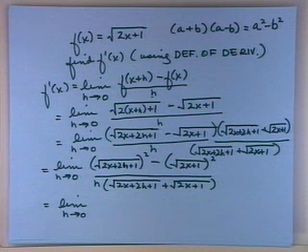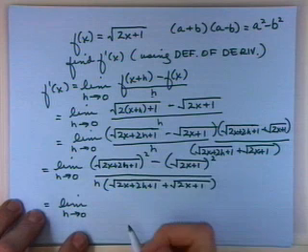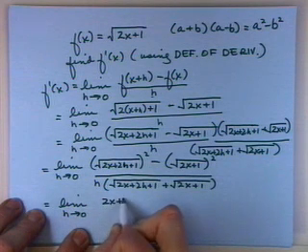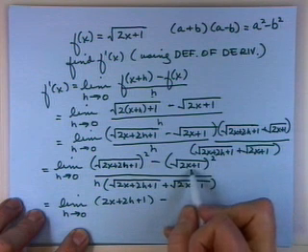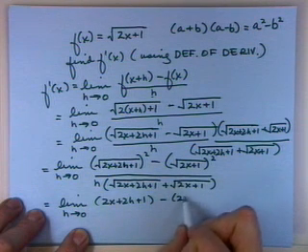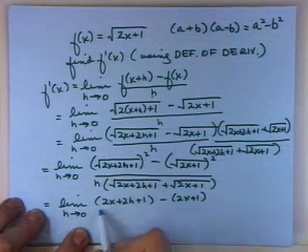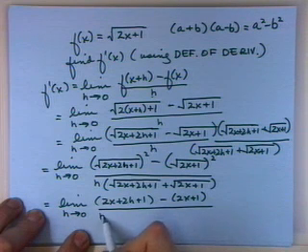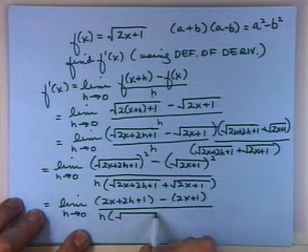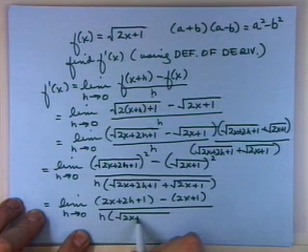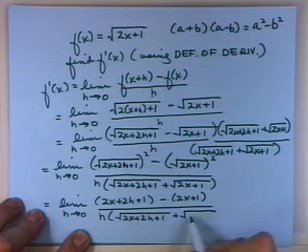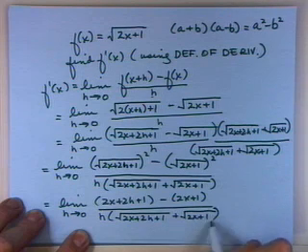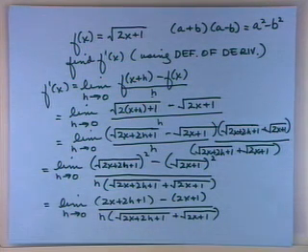What's under the radical, right? So this square root squared is 2x plus 2h plus 1. This square root squared is 2x plus 1. About all right with that?